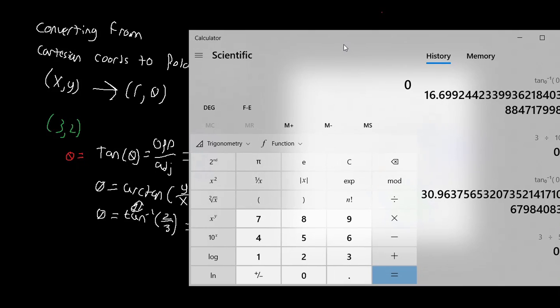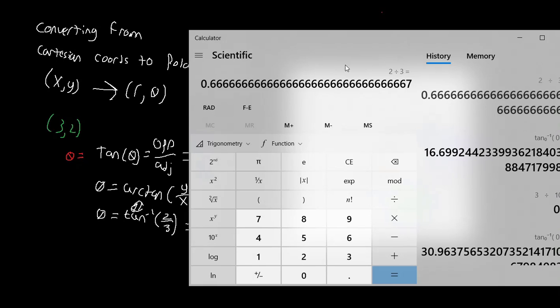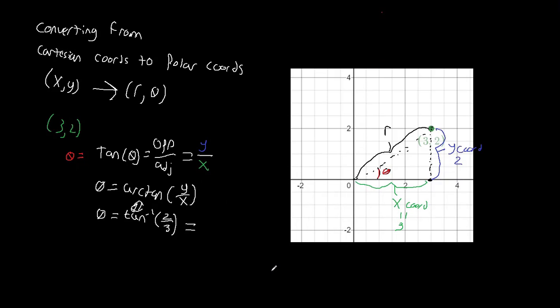And let's do 2 divided by 3. Make sure we're in degree mode because I like to work in degrees. All right, so to get the arctangent, we do Shift and tan, and you'll see that this is tan^-1 of our tangent here. It is roughly 33.7 degrees. So we know that our theta is going to be roughly 33.7 degrees. So that's our theta.